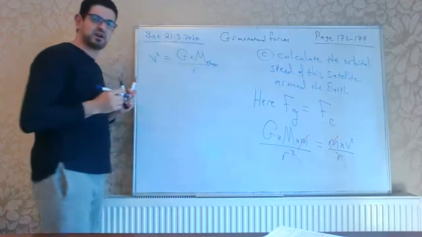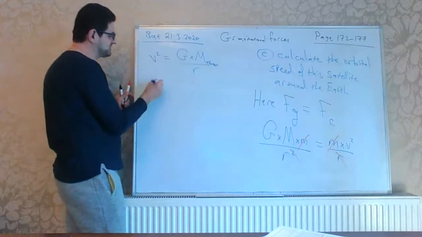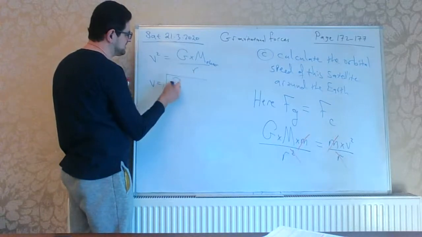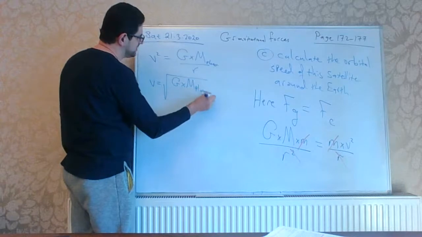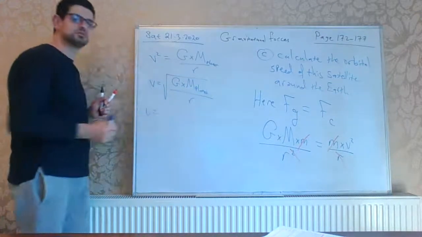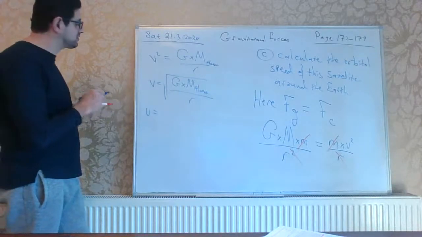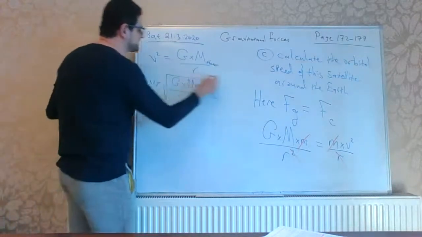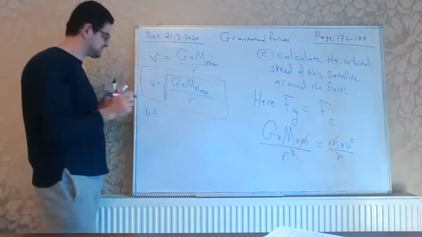Not the mass of the satellite. So v, the orbital speed, is the square root of G times the mass of the planet over r. This equation is needed, and they may ask you to show that this equation is correct. You need to figure it out.